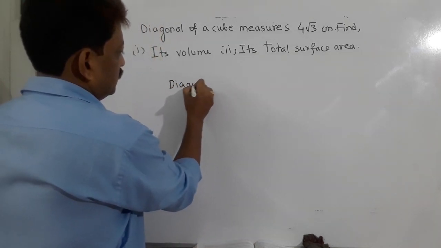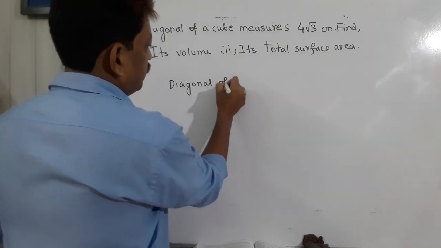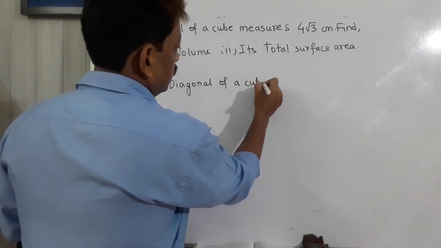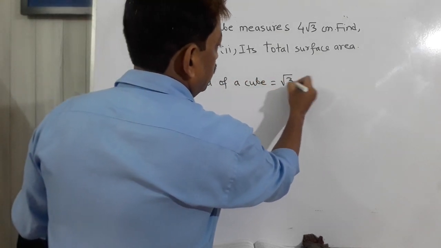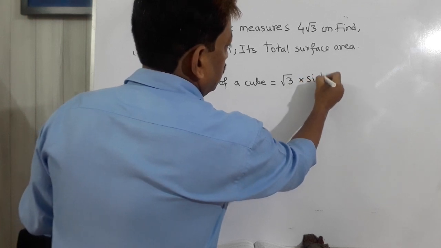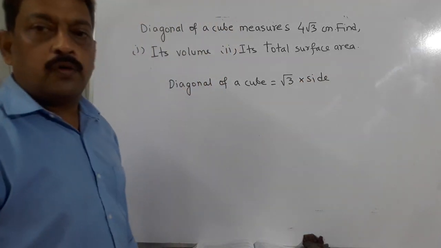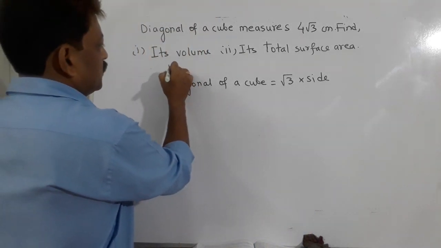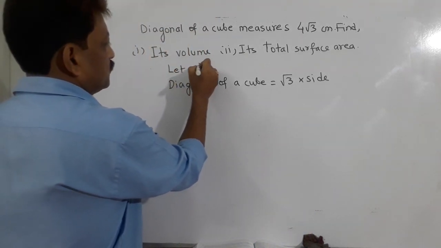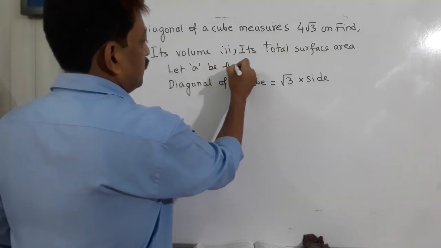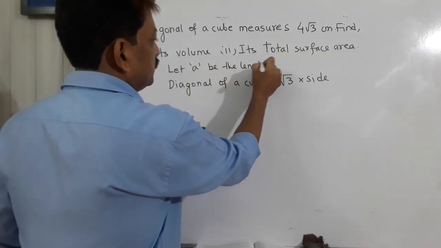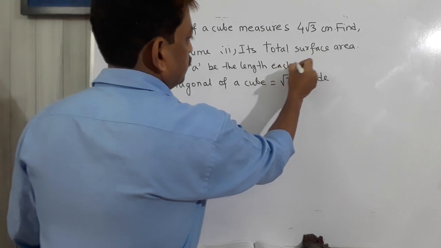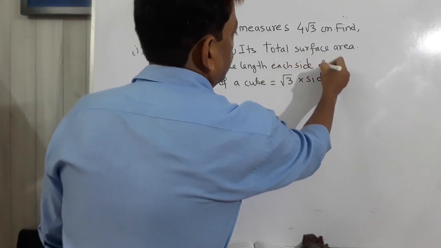Diagonal of a cube is equal to √3 multiplied with the side of the cube. So let us take each side of the cube as small a. Let small a be the length of each side of the cube.